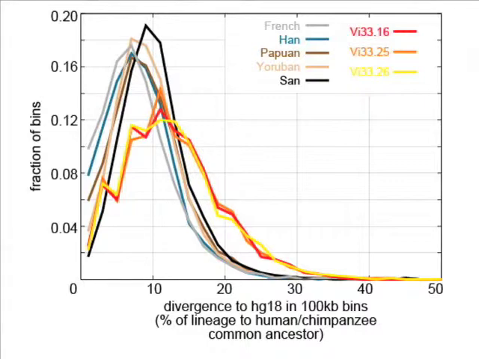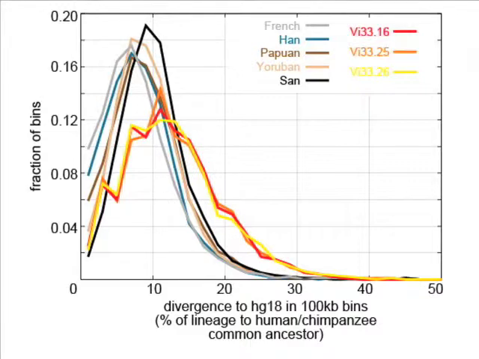And likewise, compare all the humans that we sequenced against this reference. And we can ask, going in chunks along the genome, how different is the Neanderthal from this reference human? On average, I said this is something like 12.7% of the way back to the common ancestor with chimpanzee, but there's this huge variance. This is the thing where the mean and the variance is the same.